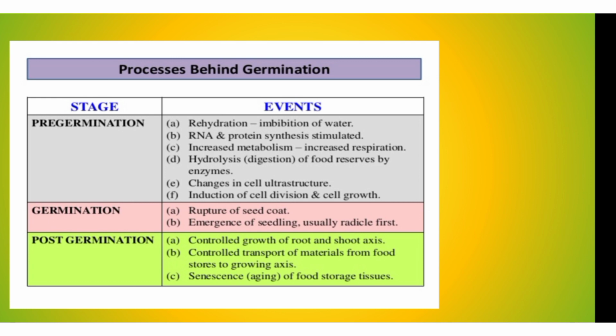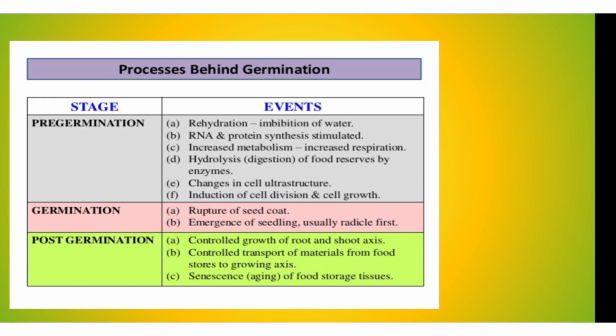First, for pre-germination: rehydration or imbibition of water. RNA and protein synthesis is stimulated, with increased metabolism and increased respiration. Then hydrolysis, which is the digestion of food reserves by enzymes. Then changes in cell ultrastructure, and the initiation of cell division and cell growth.